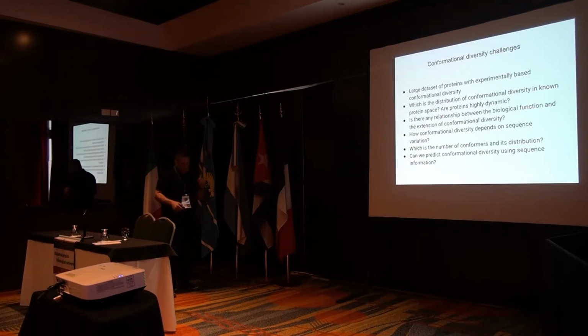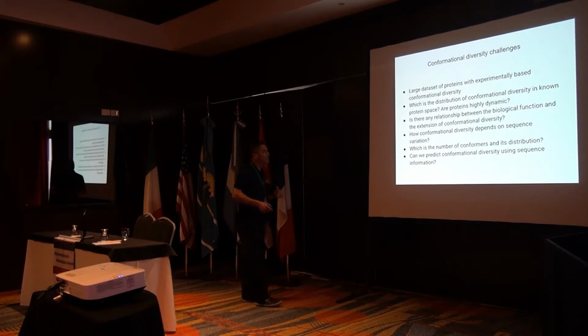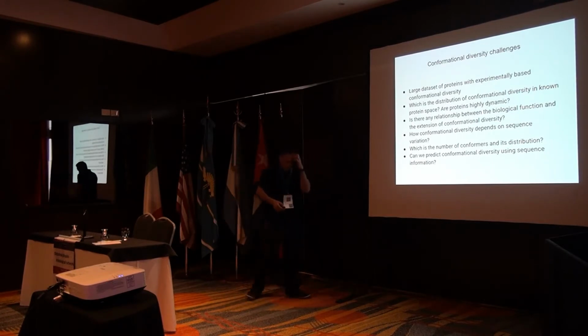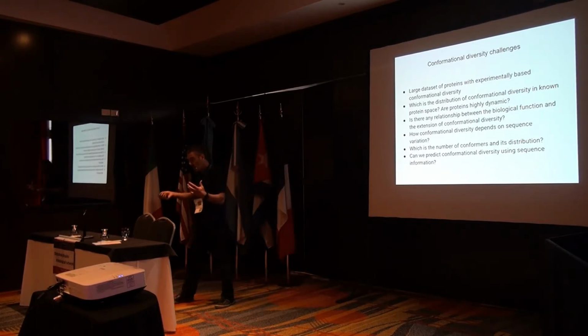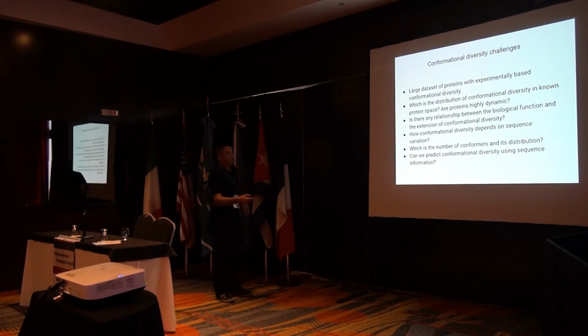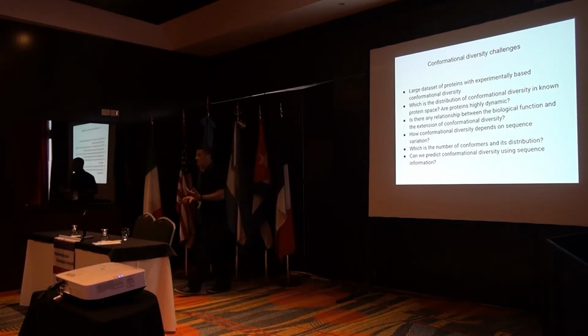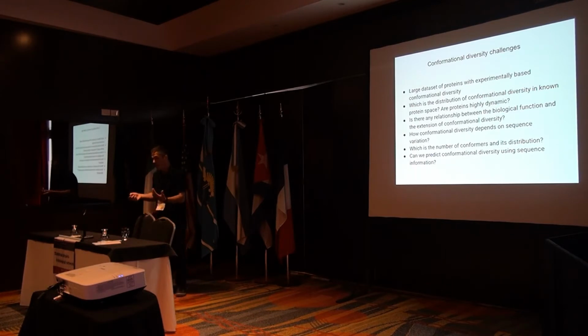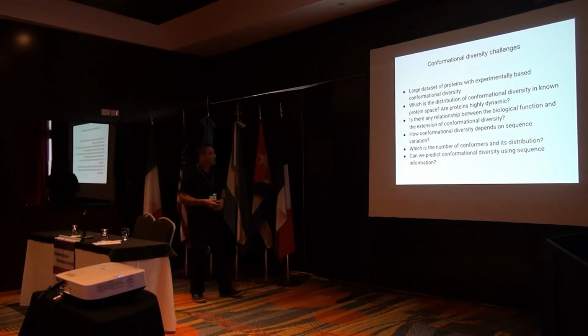So, about 10 years ago, more or less, we started to generate questions about the relationship between conformational diversity and different aspects of proteins. I'm a biochemist, more or less a bioinformatician, and a structural bioinformatician.